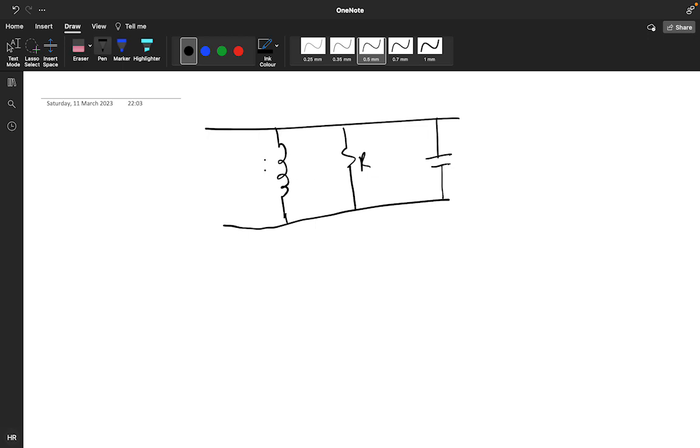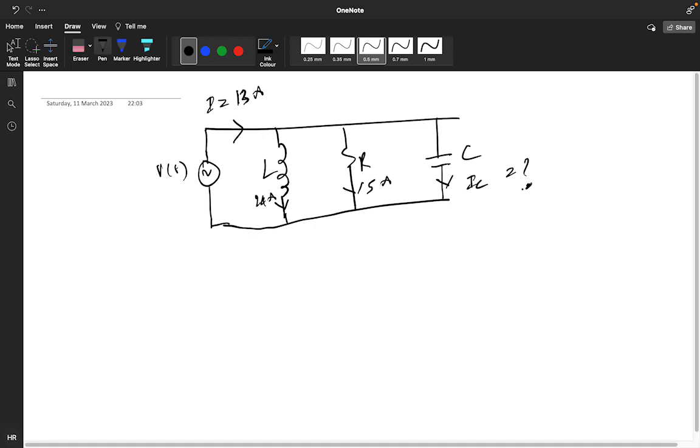This is L, this is R, this is C. This particular current is given as 13 ampere. This is magnitude. You should always take the magnitude. The angle is not given. This is V of t. And here it is given that current is 24 ampere, and here it is given 5 ampere current. You need to find the current IC. What will be the current IC?